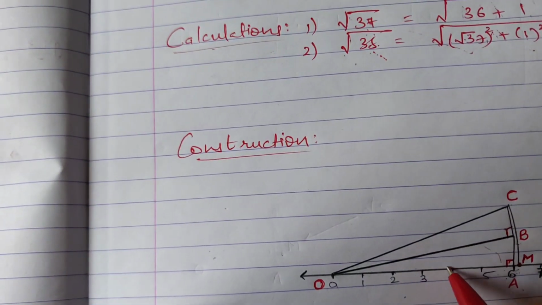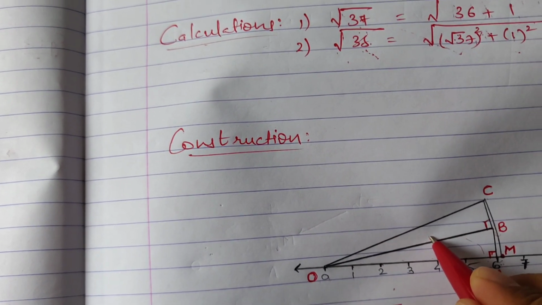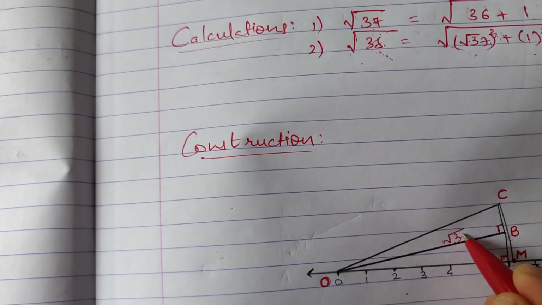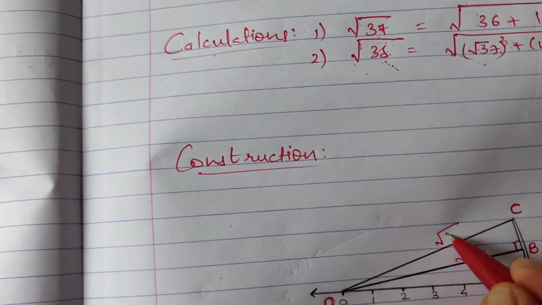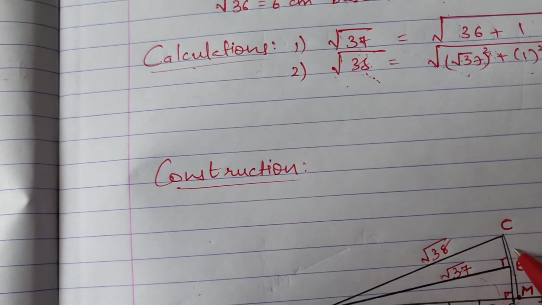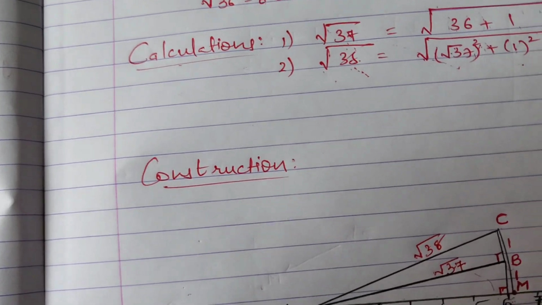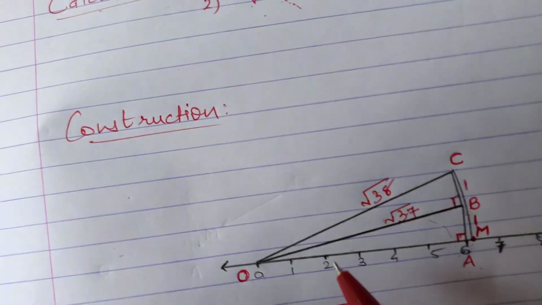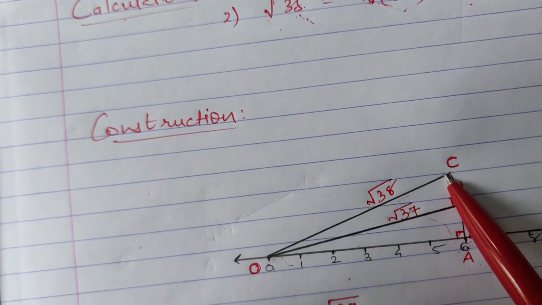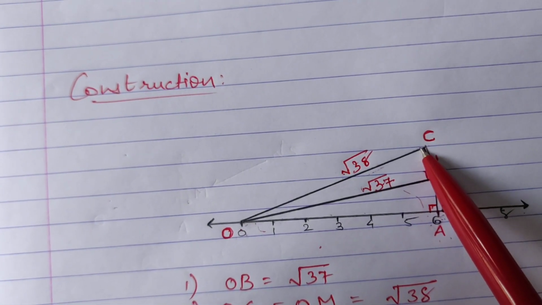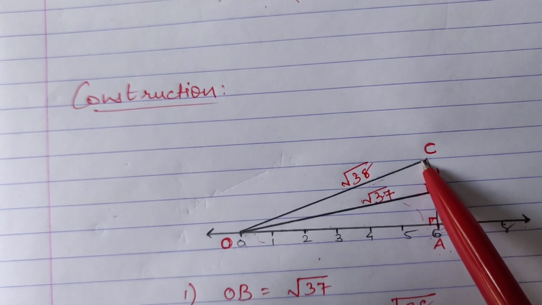Then over here, as you can see, OB would be of length root 37, whereas OC would be of length root 38. This is 1 and that is also 1. So OC is root 38, which we were aiming to find, but it is not on the number line.